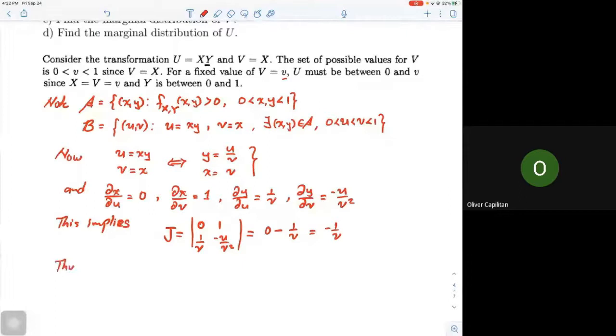Thus, to compute for our joint PDF of u and v, using our formula, we have the joint PDF of x and y, with x equal to v and y equal to u over v, times the absolute value of the Jacobian of our transformation, for u greater than 0 but less than v, less than 1.